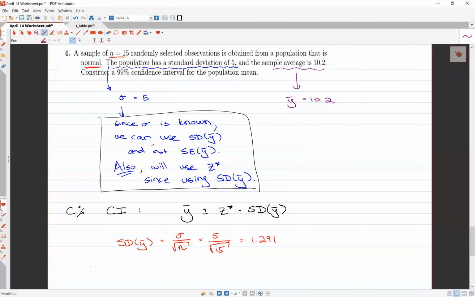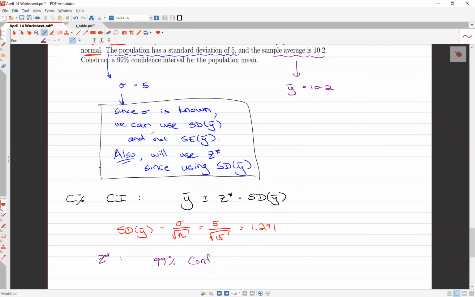Now let's look at how we get the Z star value. You can go back and use the normal table for this, but there's actually a way to get this out of the T table as well. 99% confidence means 0.99 is in the center of the bell curve. So the two-tailed remainder is 0.01, and the one-tailed remainder is half of that.